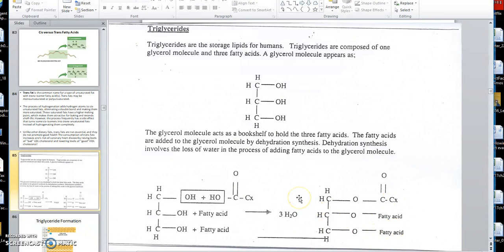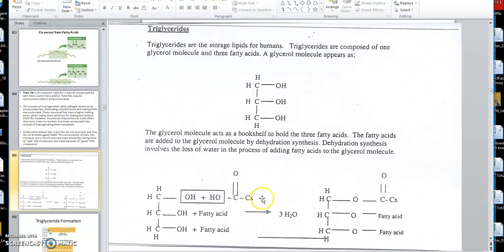Now listen to what I'm going to say. Because you took the carboxyl group away and put it in water, you neutralize the acidity. Let me say that again. You neutralize the acidity because you took the acidic part off. So another name used in the clinical situation for a triglyceride is a neutral fat.